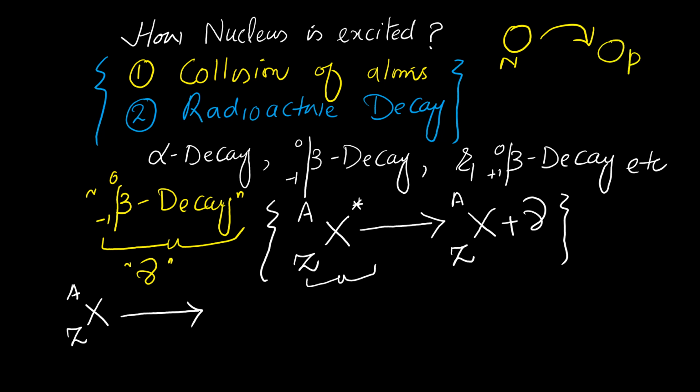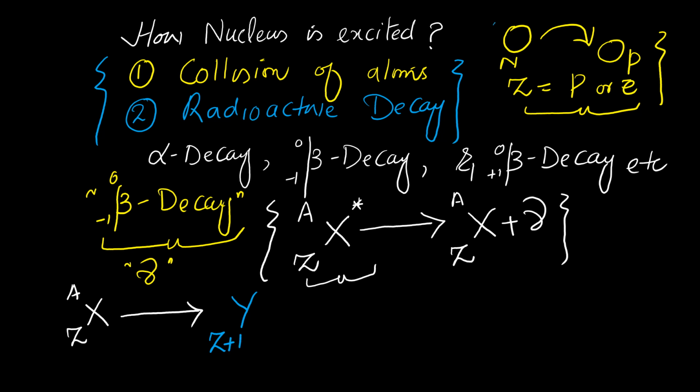And as we know that atomic number Z represents the number of protons or number of electrons. So the atomic number of the new nuclei will be one more. So suppose X during a beta decay is converted into another nuclei Y, so the atomic number of that new atom will be Z plus 1.